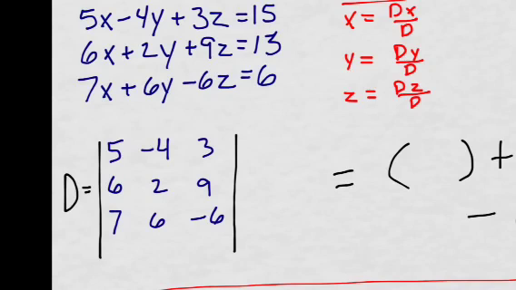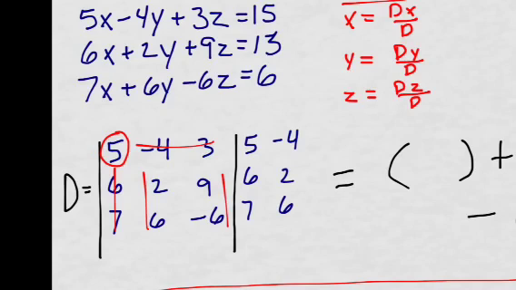For this method, I'm going to take my first two columns and rewrite them: 5, 6, 7, negative 4, 2, 6. And now here's the process. If you remember what you would normally do to find a determinant, you circle that first number, cross out that row and that column, and then take the determinant of the part down here.